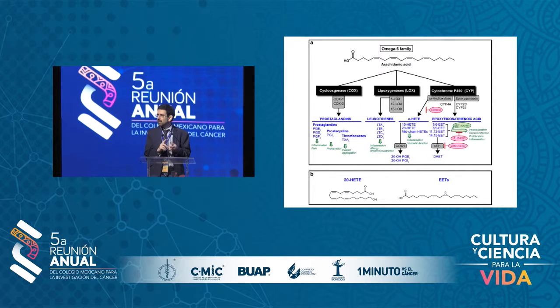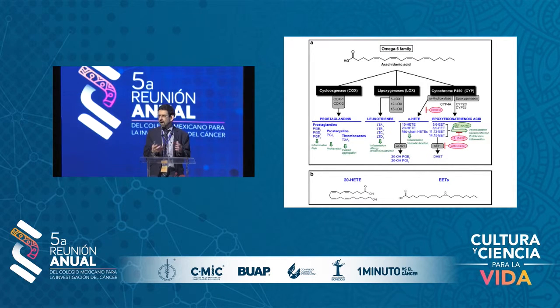The 4 regioisomers, or 4 epoxide positions on the arachidonic acid, have differing activities. And you can see on the right-hand side of the slide, there are various inhibitors and various agonists that have been developed, although the molecular mechanisms by which they actually work are not particularly well understood.